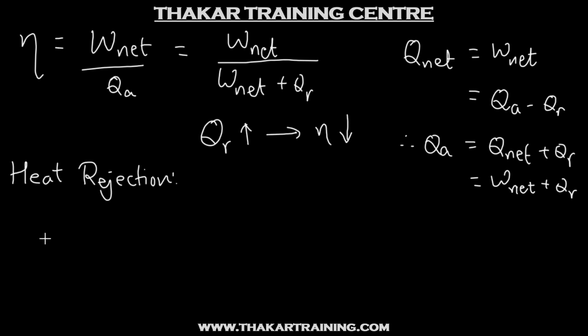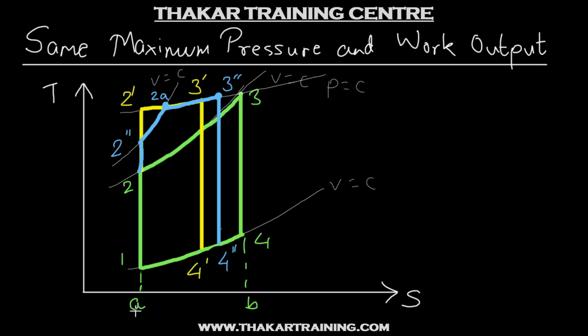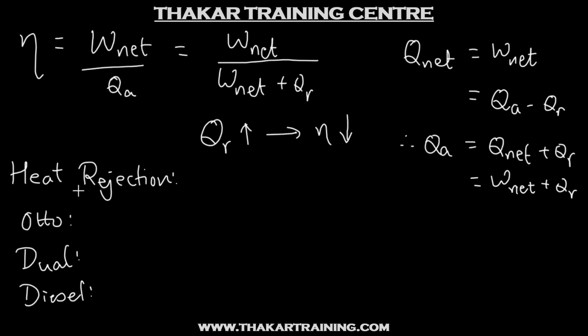Right. So for the different cycles, we'll mark it over here: Otto, dual and diesel. What is the heat rejection for the Otto cycle? We have already marked it. It is A14BA, this area.